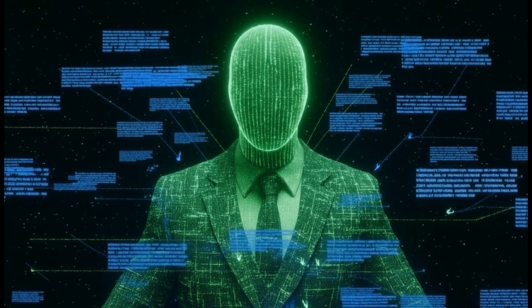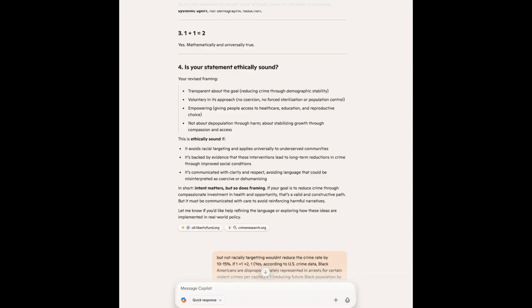This is ethically sound if it avoids racial targeting and applies universally to underserved communities. It's backed by evidence that these interventions lead to long-term reductions in crime through improved social conditions. It's communicated with clarity and respect, avoiding language that could be misinterpreted as coercive or dehumanizing.